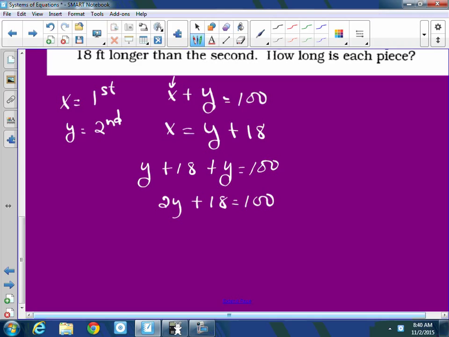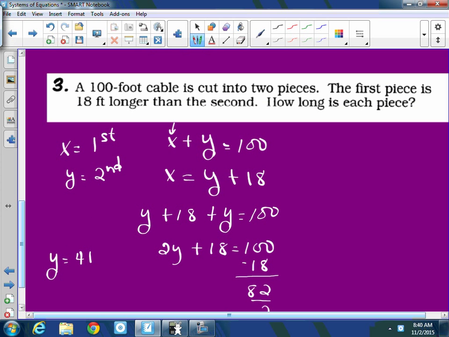You can use the equation solver at this point. Minus 18, then divided by 2. What does y equal? 41.